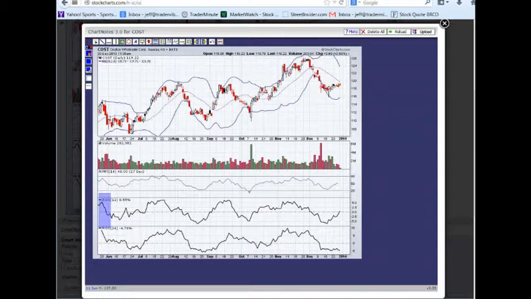Now, you'll notice I have two rate of changes here. One is for the last 12 days, the other is for the past 24 days. Why do I care about the rate of change? Notice how when the rate of change has come down to about -5 on the 24, or down to 5 on the 12, anytime the rate of change has come down to this area, we've seen support start to build in the stock.